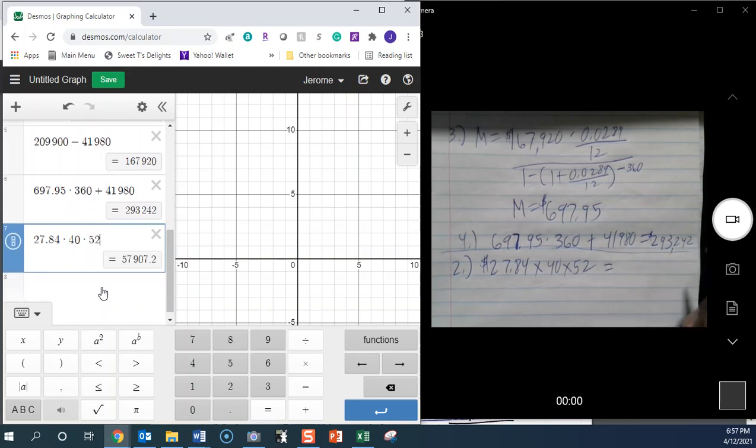So their total salary would be $57,907.20. Now, if you are already given the total salary, then you are supposed to divide it down to the hourly rate. We need the hourly rate and the yearly salary.